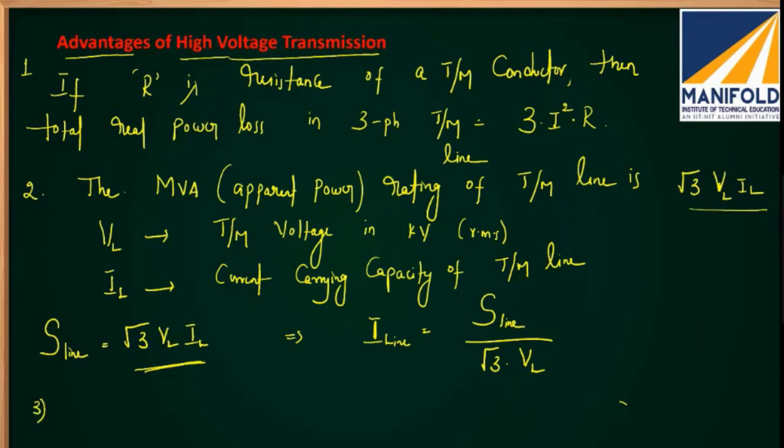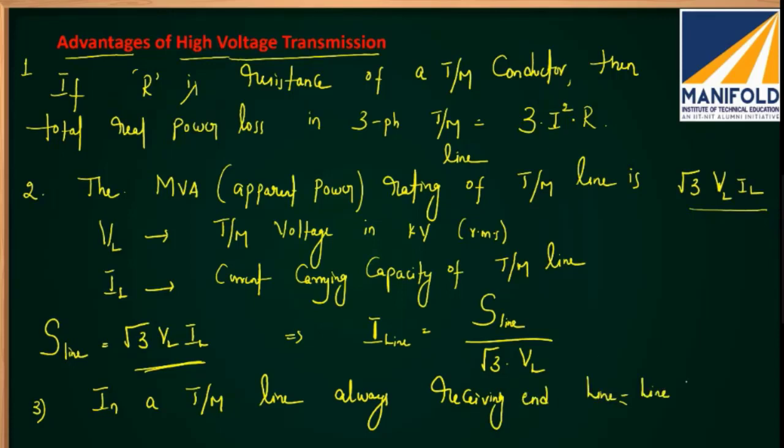Third point, in a transmission line, always the receiving end line to line voltage is specified.